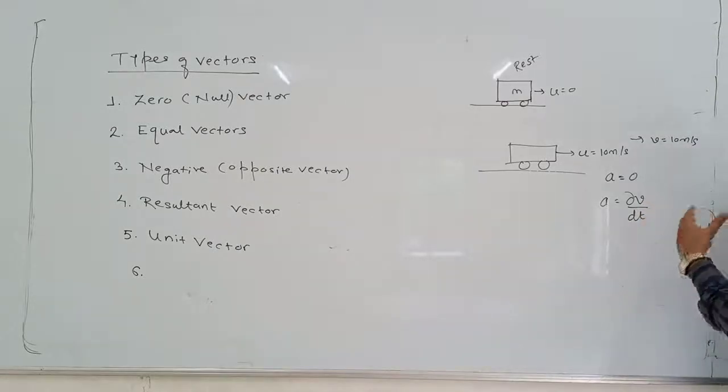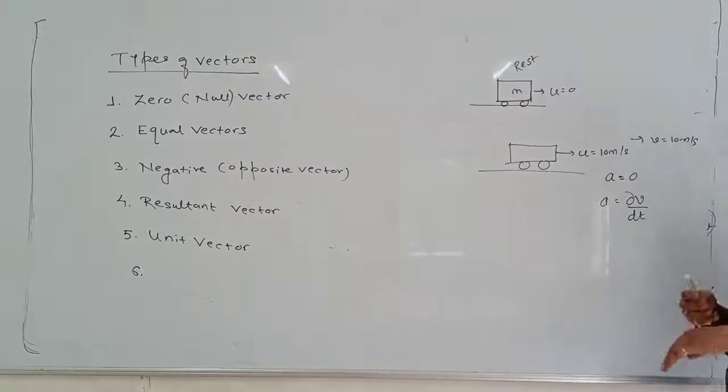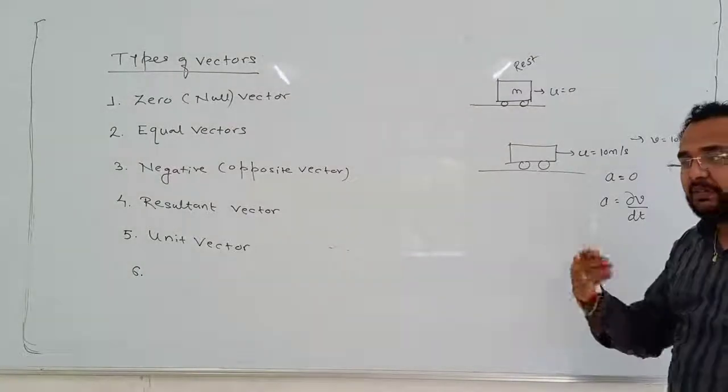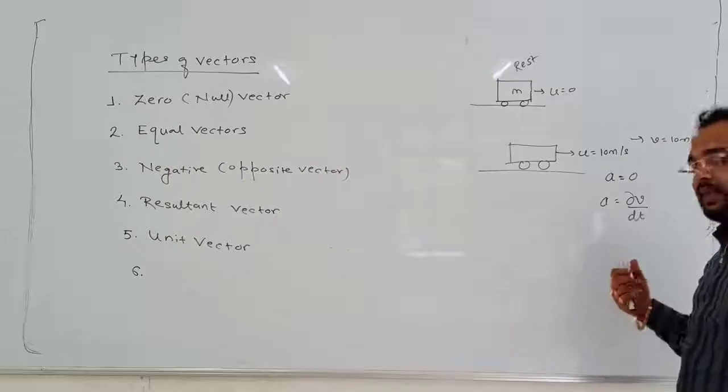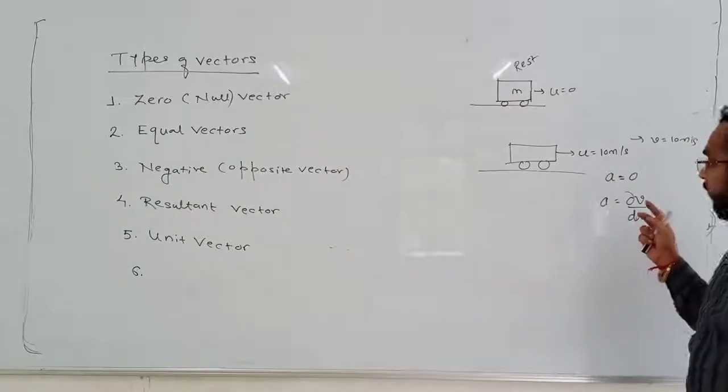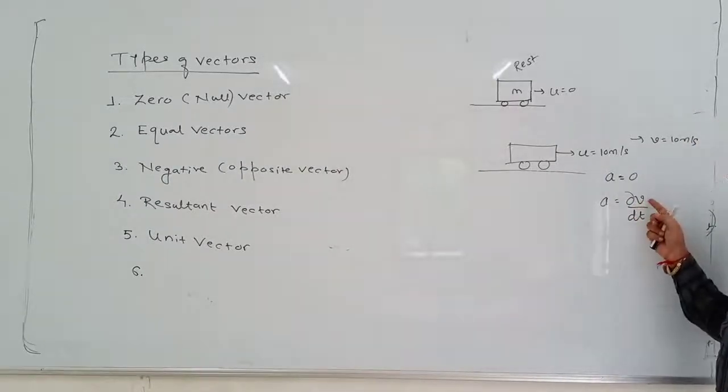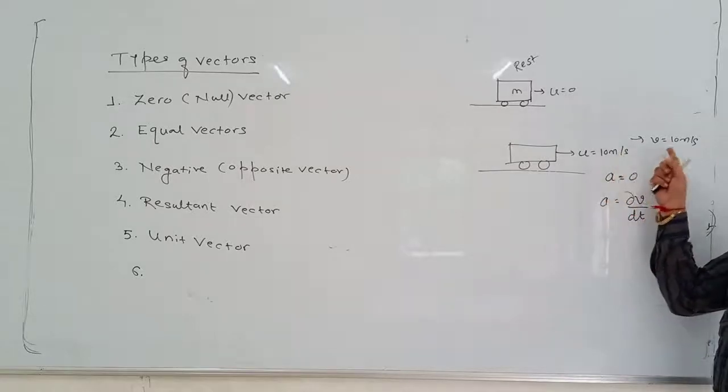The differentiation of which quantity is 0? Of a constant. If anything is constant, the differentiation of a constant is 0, and the integration of 0 is a constant. We have studied this. As velocity is constant, its differentiation with respect to time is 0. So velocity is not changing with respect to time, meaning as time passes, velocity is the same. That means acceleration is 0. Why is it constant? Initially 10, finally 10.